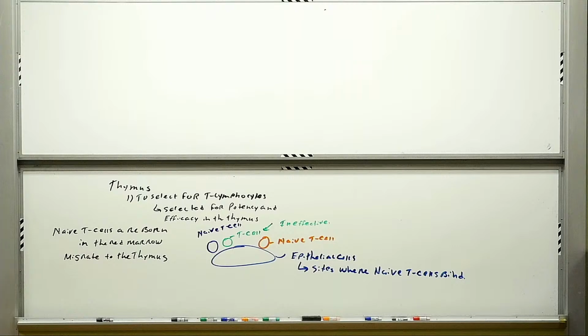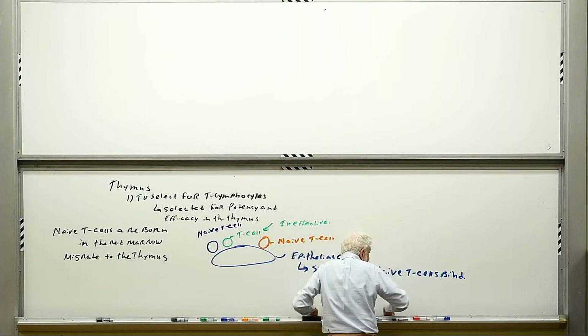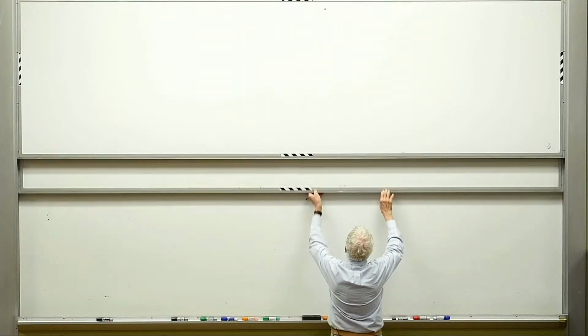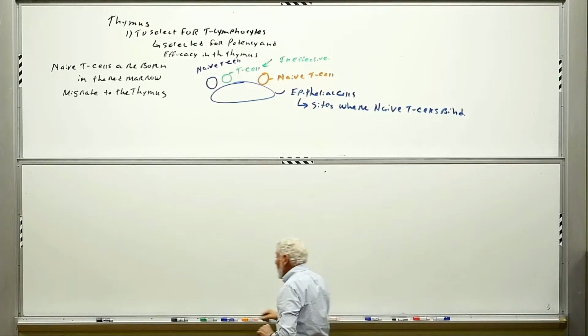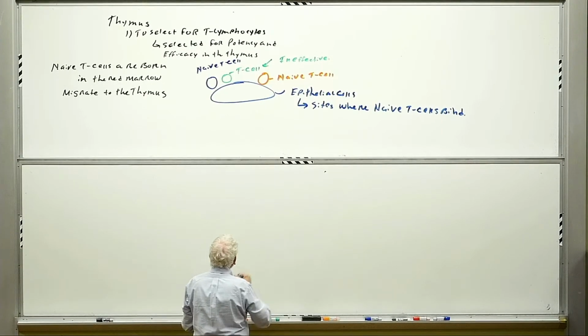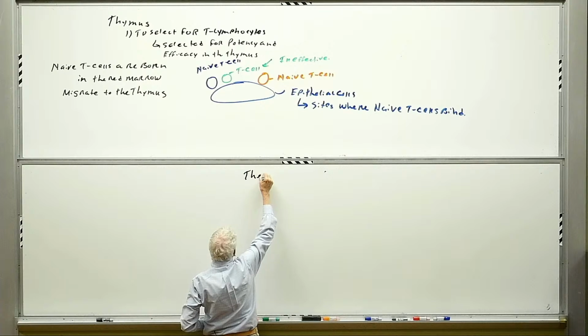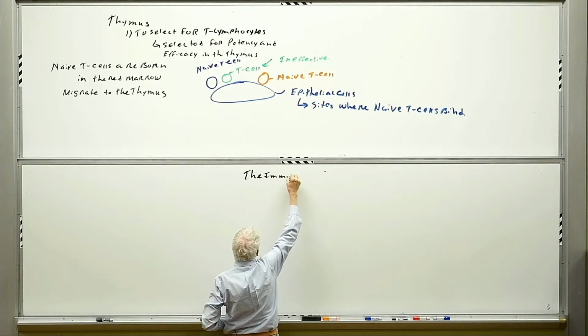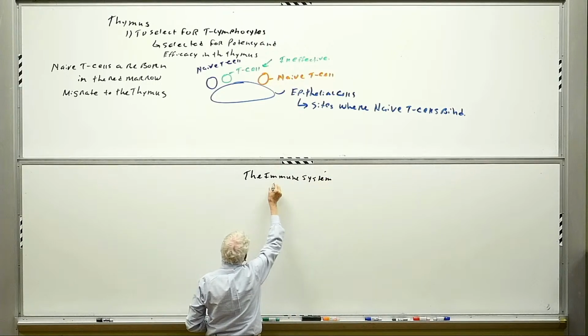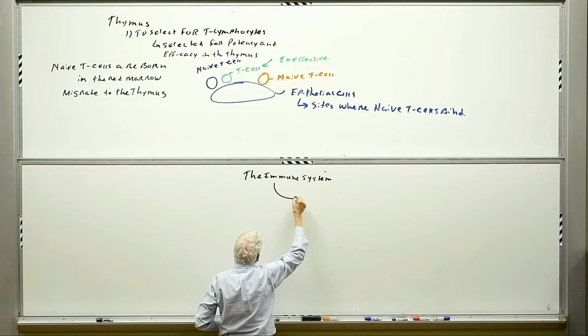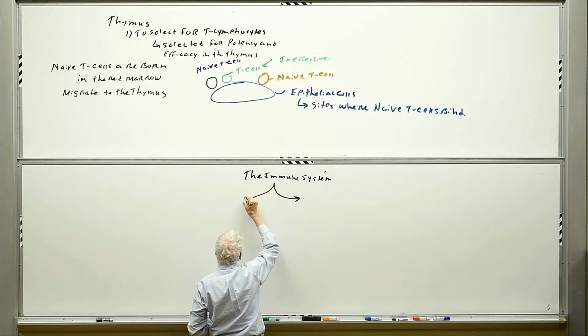Okay. So that pretty much brings us to the end of the story of the lymphoid tissues. And now we can drill down and begin talking about the immune system. We can divide the immune system into these two big categories.